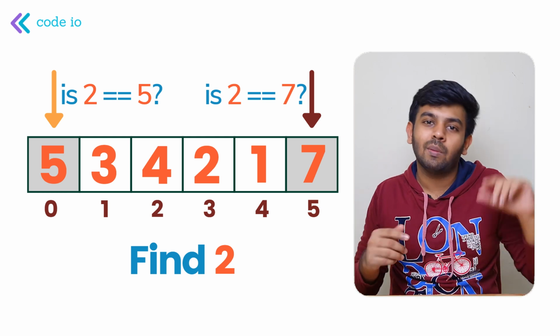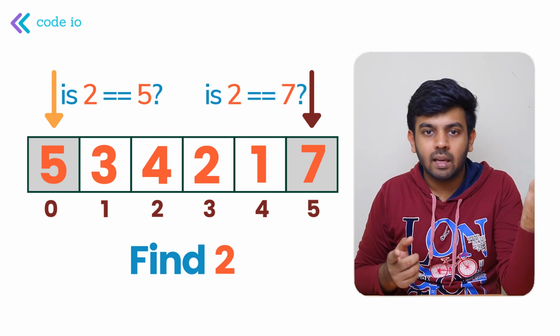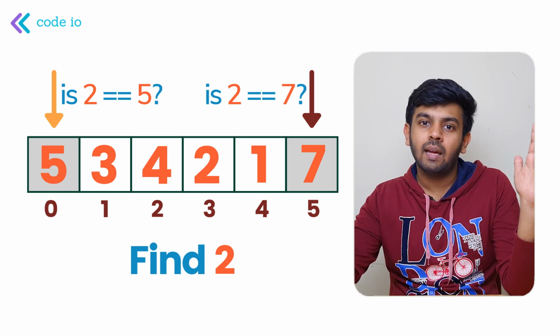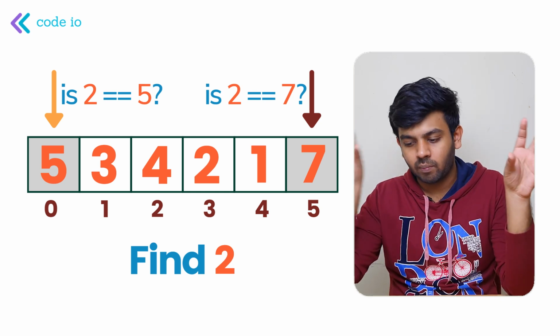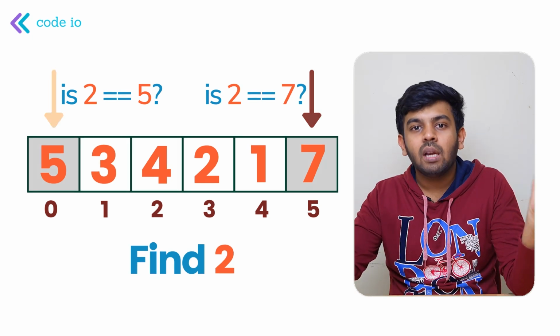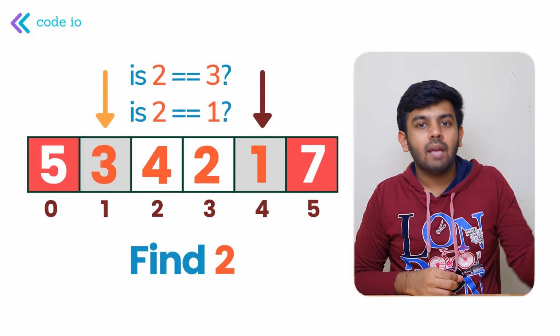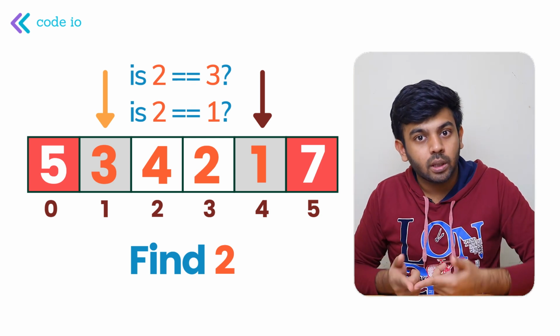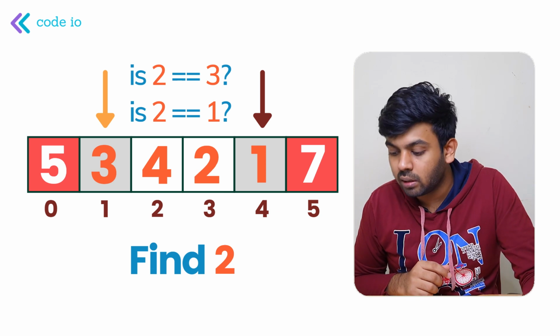Let us consider two variables i and j. i is at the 0th index and j is at the 5th index, at both sides of the array, and we are checking if both these values are the element that we are searching for. If not, we'll bring both of them closer. So i will be i++, j will be j--, and now we'll be comparing the same thing. So this is one more approach that we can use.